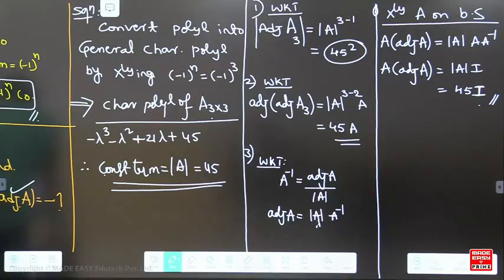It may be a minus term or a plus term. If it is a minus term, then after multiplication of minus 1 whole power n, it becomes minus 1 whole power n minus 1. Correct or not? Yes. So don't worry. As Cn minus 1 is unknown, we can multiply it and it will be converted into standard form.